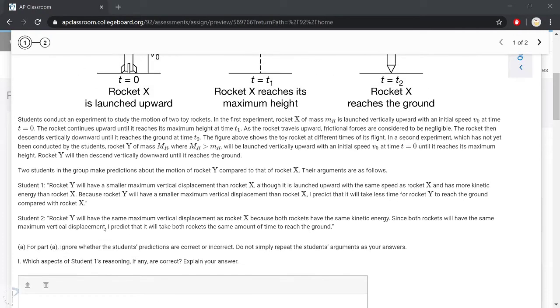So let's go to student one. Student one says rocket Y will have a smaller maximum vertical displacement than rocket X, although it is launched upward with the same speed as rocket X and has more kinetic energy.